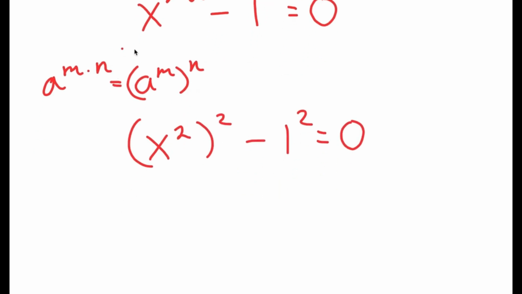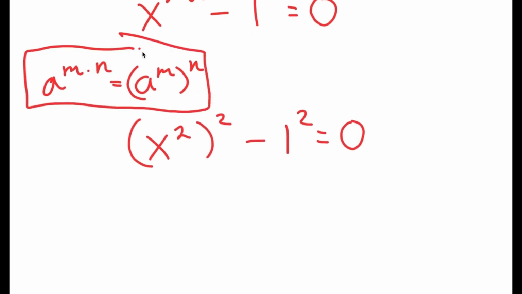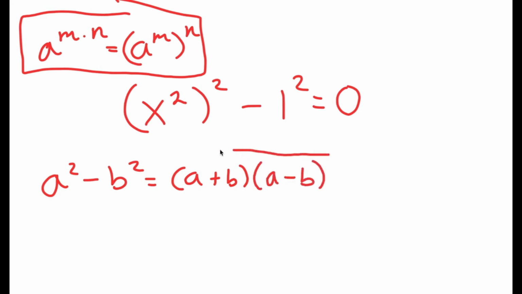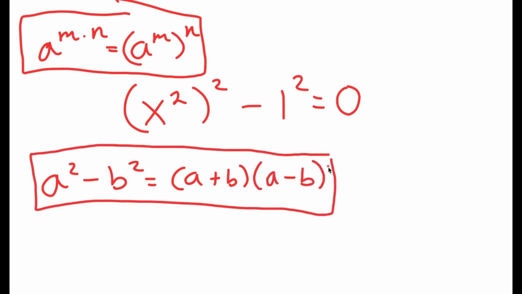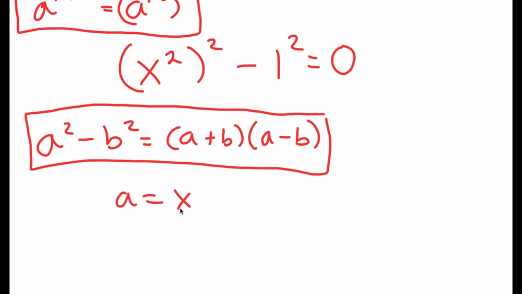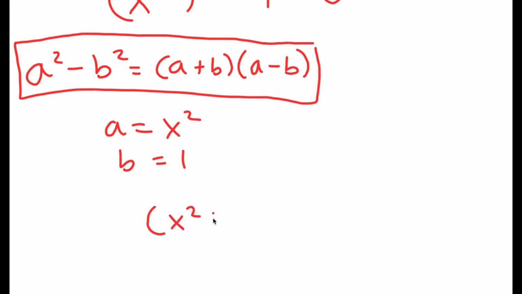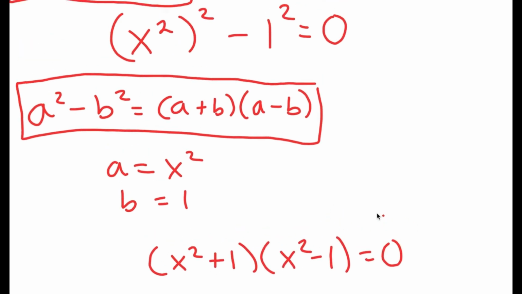And now another property I can use is a squared minus b squared is equal to (a plus b) times (a minus b). So in this case, a is x squared and b is 1. So I get (x squared plus 1) times (x squared minus 1) is equal to 0.